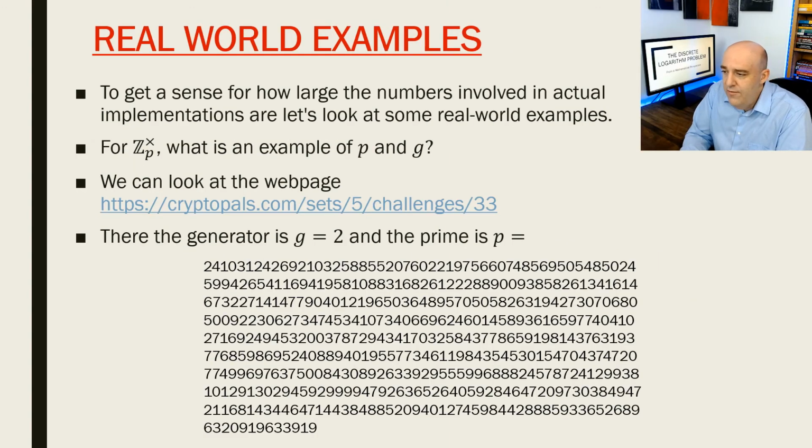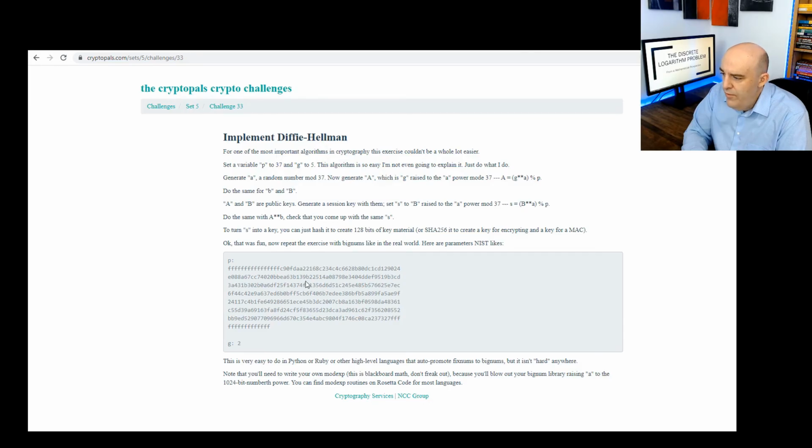Now, to get a sense of how large the numbers are when we actually look at some real-world problems, let's take a look at this. If we look at the website CryptoPals, we see here is an example of a prime P and a generator G. In this case, G equals 2 generates the group. It doesn't always, but in this case it does.